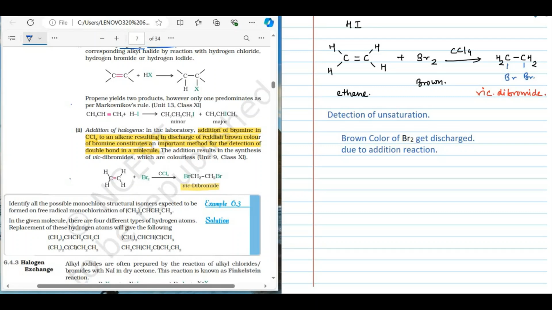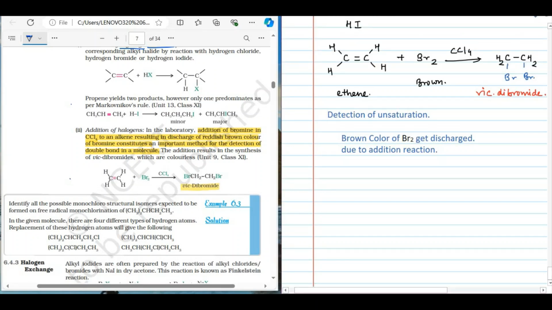Now let's solve this question. Identify all the possible monochloro structural isomers expected to be formed on free radical monochlorination of (CH3)2CH-CH2-CH3. To solve this question, first of all, draw the structure of the given molecule.